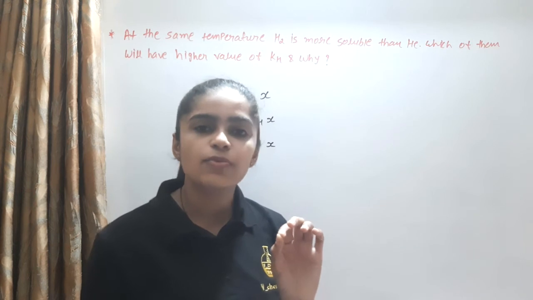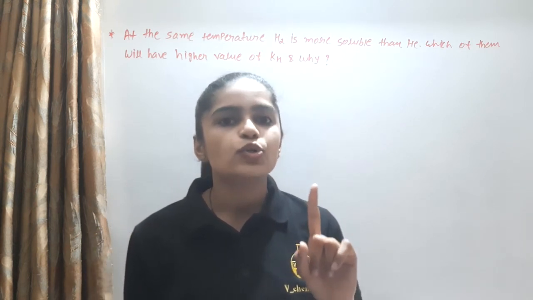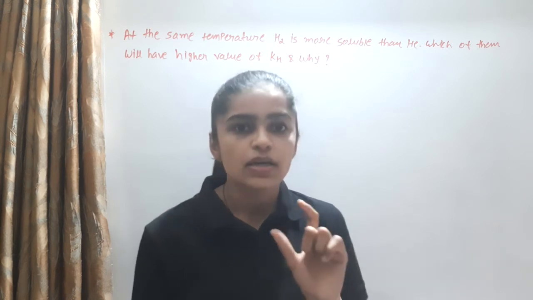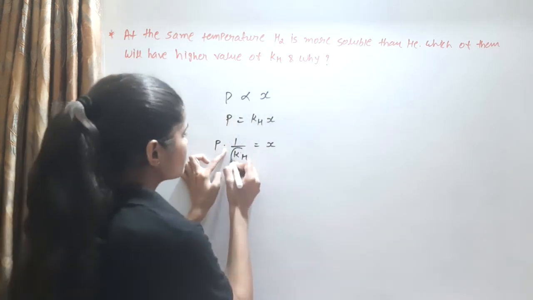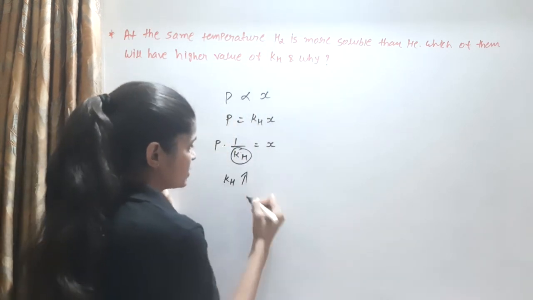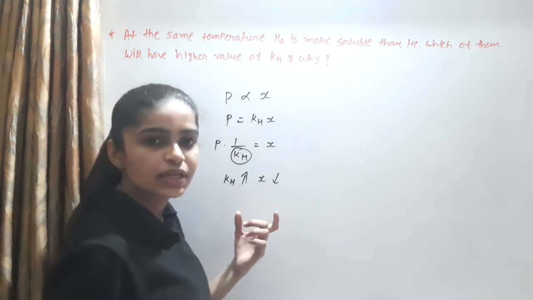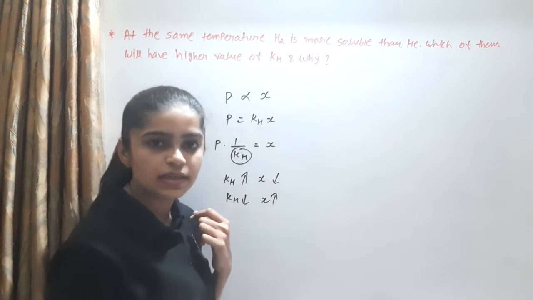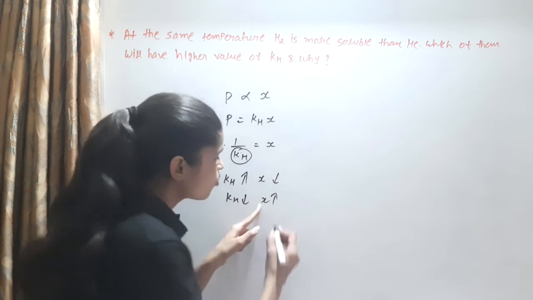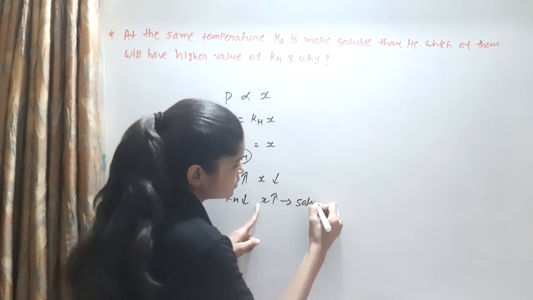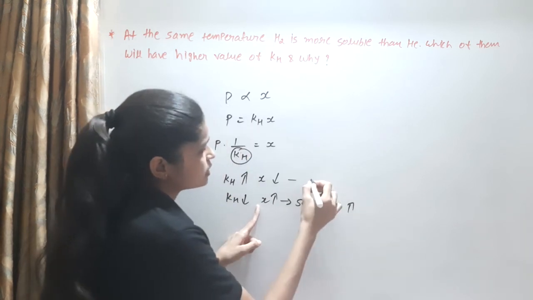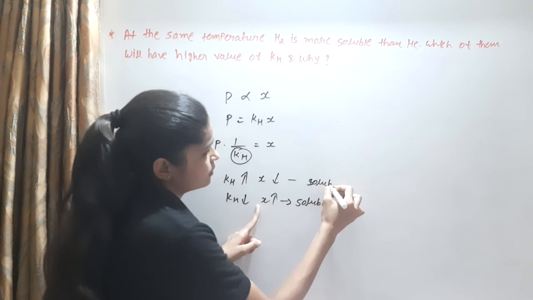We know that when the mole fraction increases, solubility increases, and when the mole fraction decreases, solubility decreases. So if the KH value is high, the X value decreases. If the KH value is low, the X value increases. So when the mole fraction increases, solubility increases, and in this case solubility decreases.